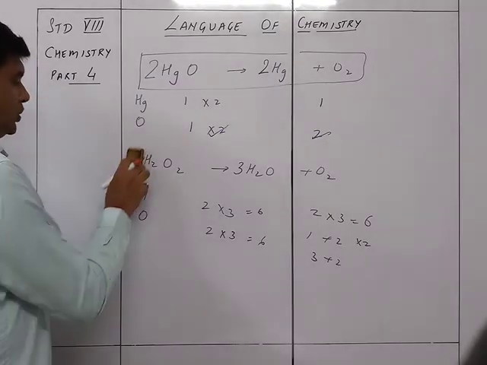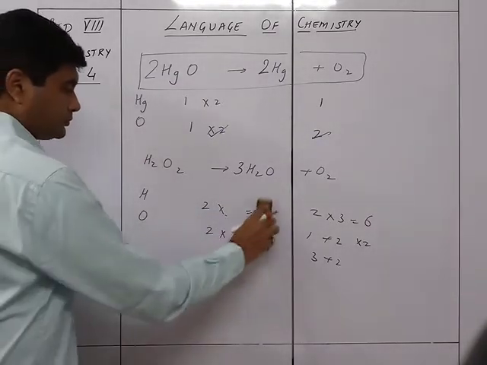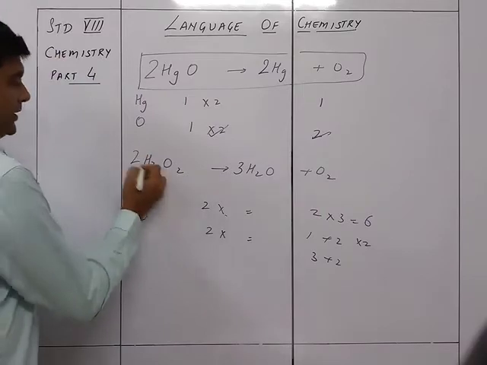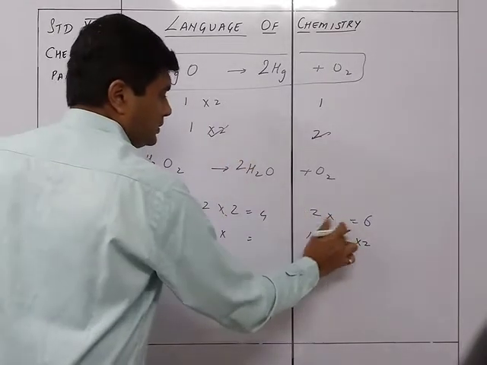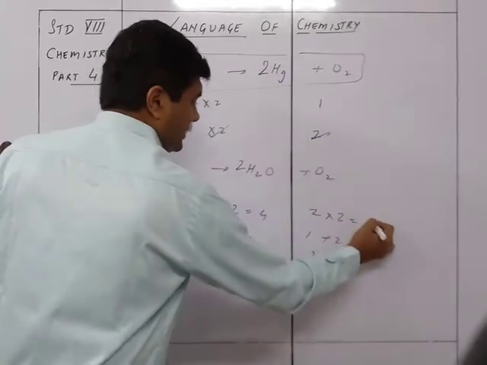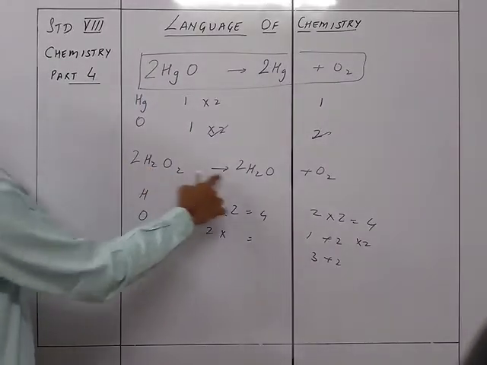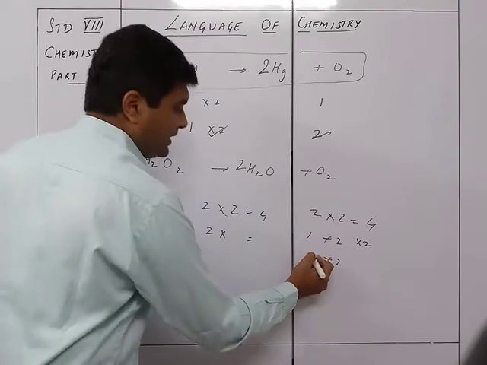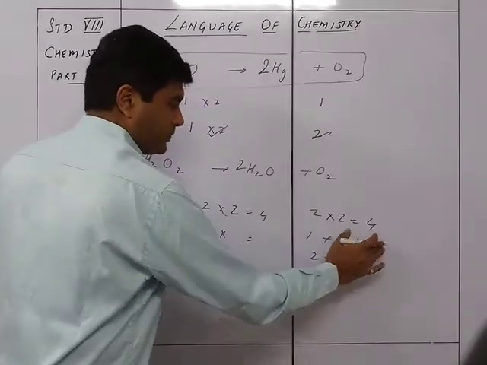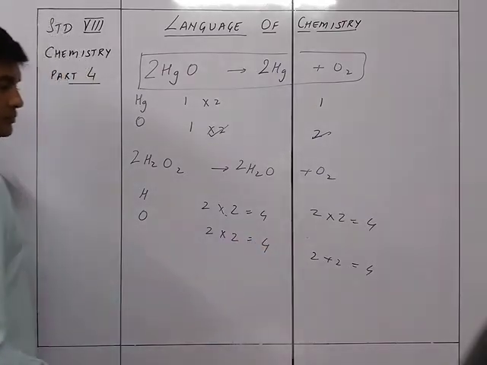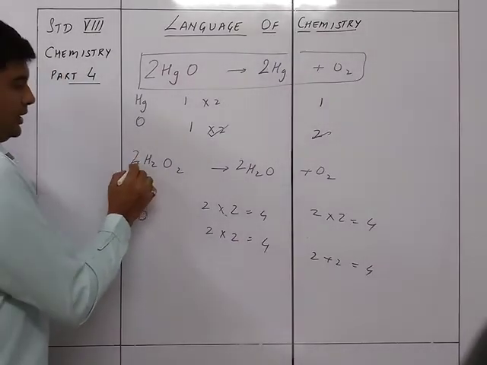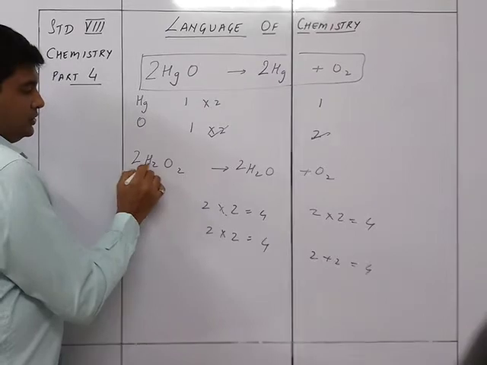So let's try with 2. If I put 2 over here and 2 over here, this will be 4, this will be 2, this will be 4. So now you can see O is 4, O over here will be 2 plus 2 is equal to 4. See this. Hydrogen is 4.